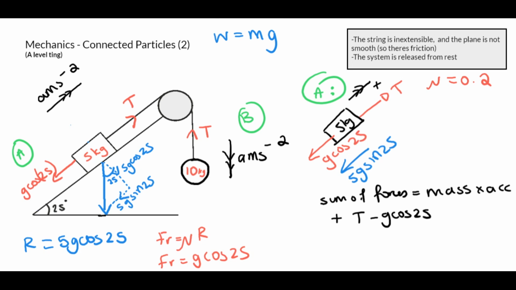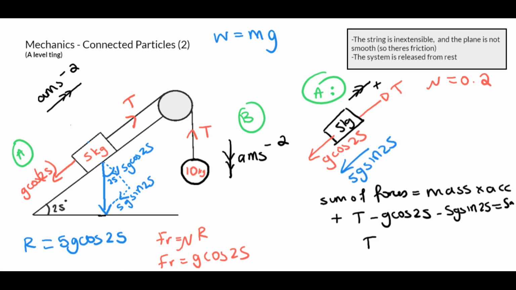Okay. 5G sine 25, is that going to be positive or negative? It's going to be negative because obviously up is positive and 5G sine 25 is going down. So man's going to put minus 5G sine 25. Alright, cool, and that's going to be equal to the mass times acceleration. The mass, obviously, we know is 5 kg, so 5 times A, because we don't know A. So that's going to be 5A. Alright, cool, now man's going to do a little simplification.